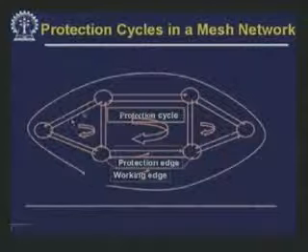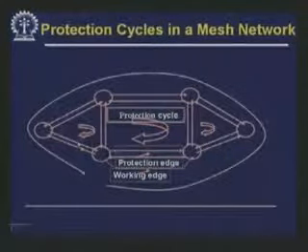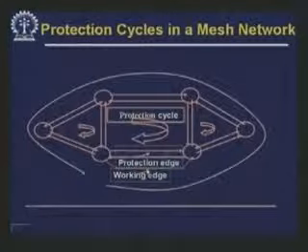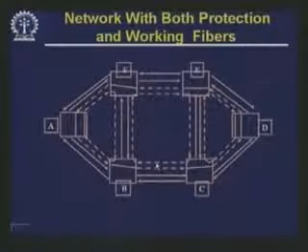So you try to form these cycles in the mesh, which you keep ready and pre-computed, so that whenever there is a failure you can switch. So you can see here, there are pairs of fibers going in both directions, and you can form cycles over there. One of them, maybe the inner one, would be the protection edge, and one of them would be the working edge, and if one of them fails, the other will automatically take over in the other direction.